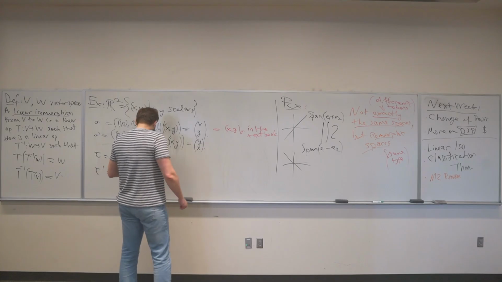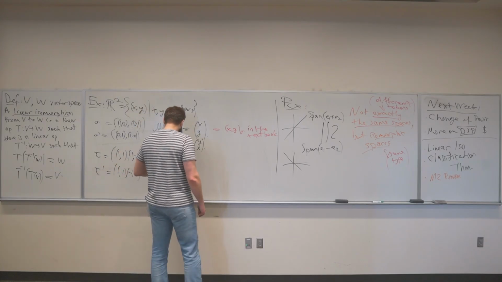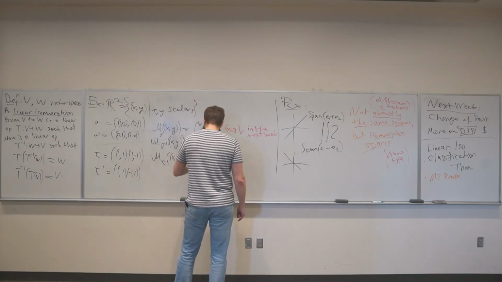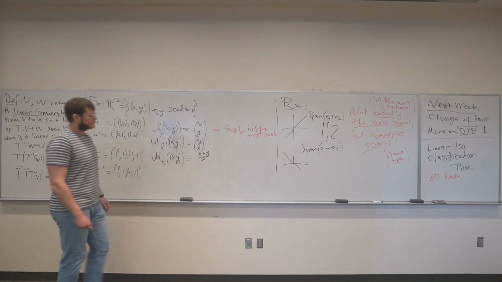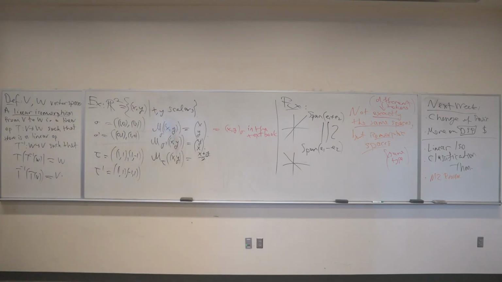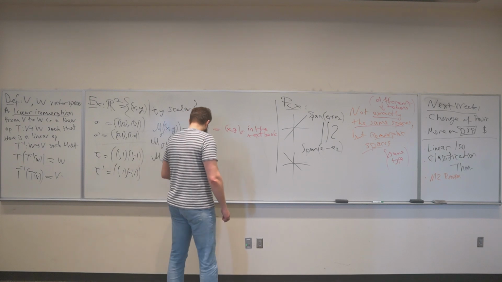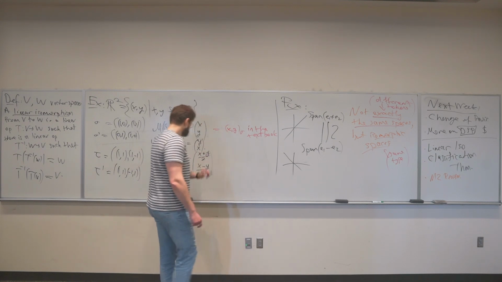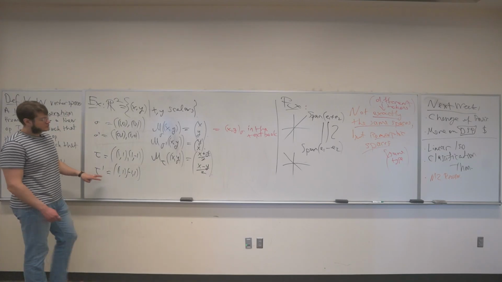And I believe we computed the matrix representation relative to tau yesterday. What was this? First you take the average of the entries, and then you take the average of x and minus y. Let's again try to figure out the matrix representation.